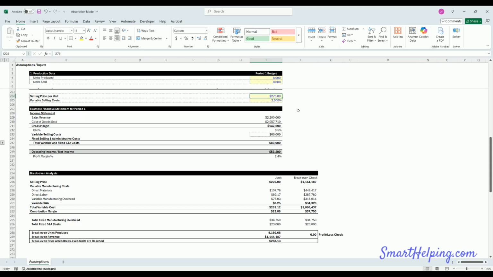Now if I change this, it's not changing. Okay, 50, 275. Sorry, if I change this, our break-even price, I'm trying to figure out why. Is that correct? The break-even price when break-even units are reached. If we change this, that doesn't affect it, which is correct.